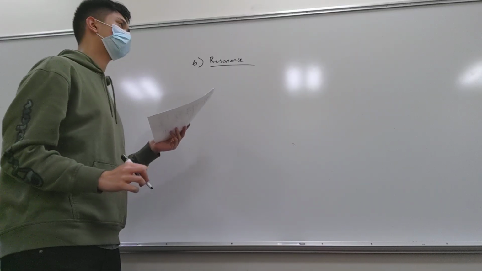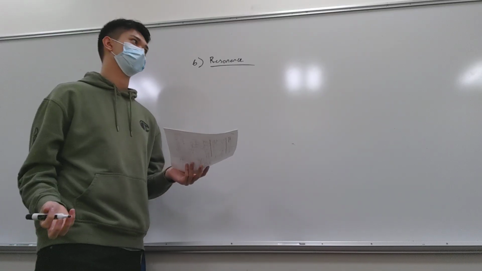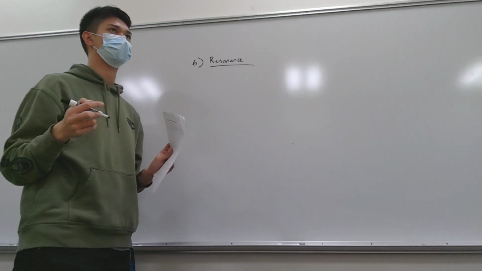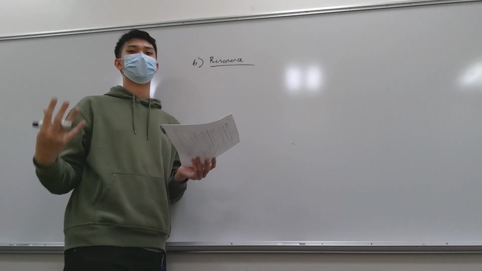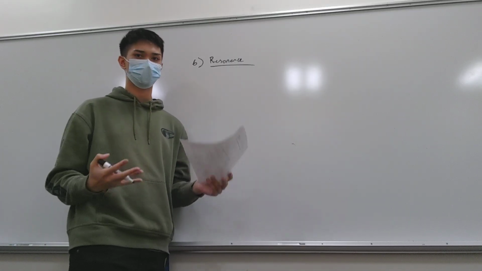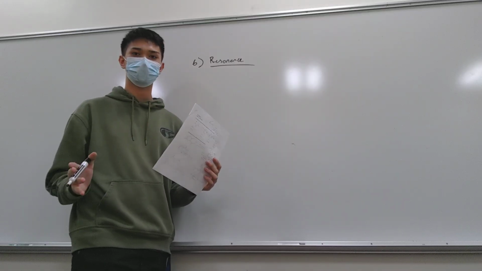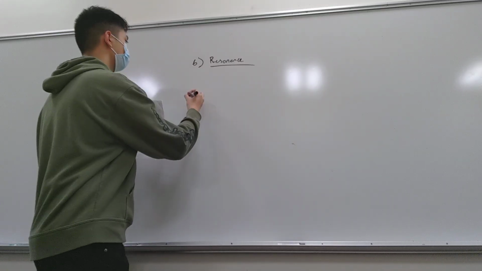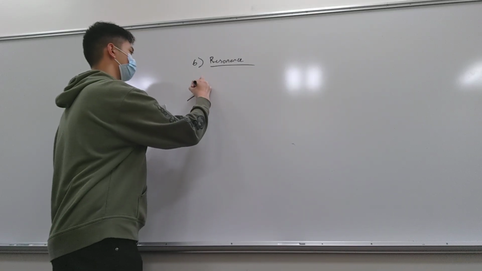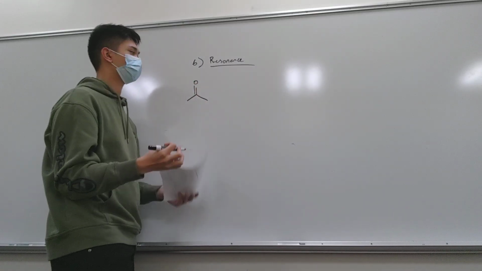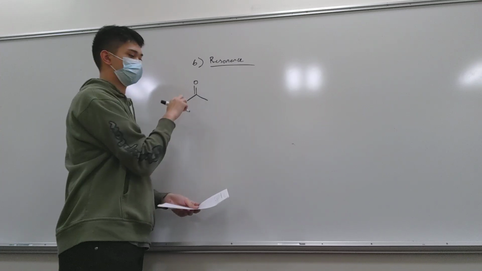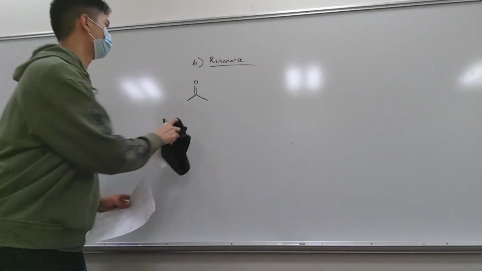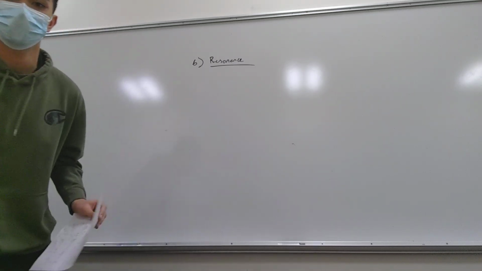So as a refresher, what exactly is resonance? I like to think of resonance as kind of like constitutional isomers, but we're not moving around atoms. Instead, we're looking at the movement of electrons between atoms, right? So if I have this simple ketone here, we know that this oxygen, let me draw that bigger. Here we go.